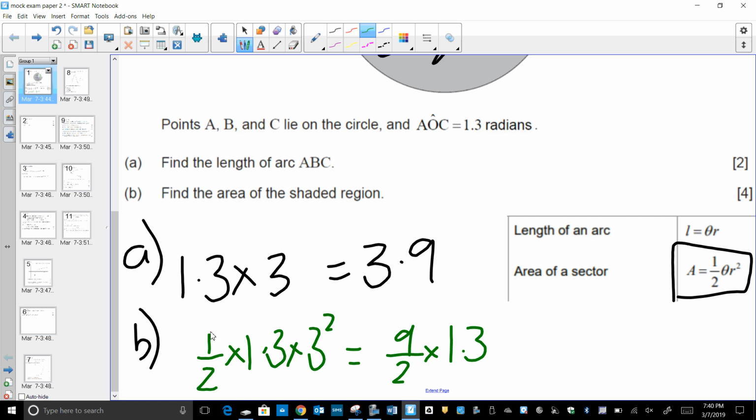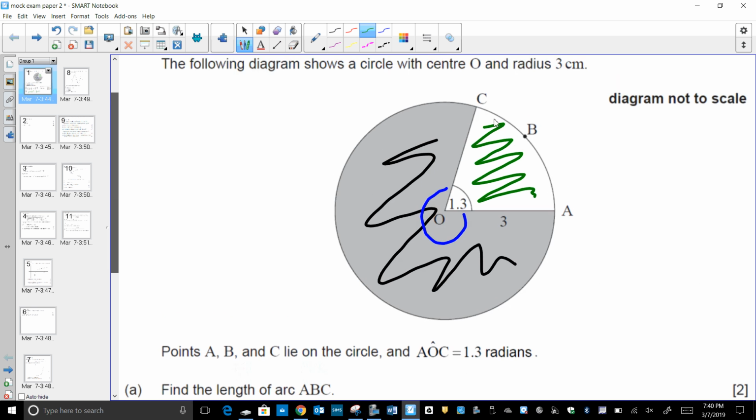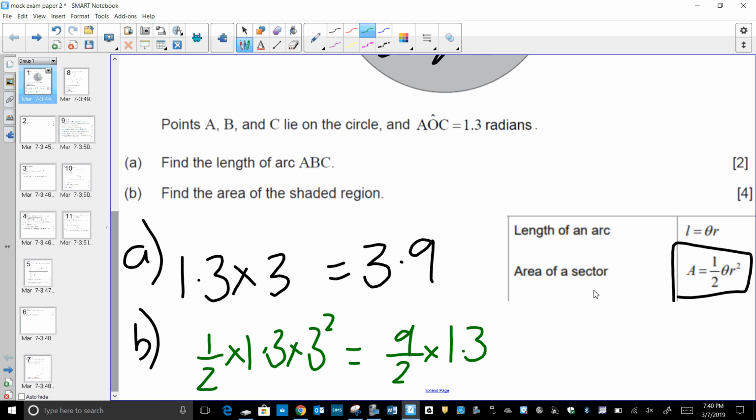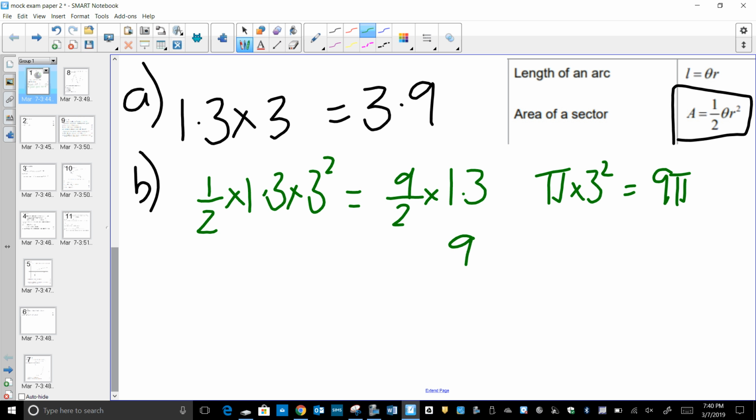And then we would have to subtract that from the area of the whole circle. We know the area of the circle is pi r squared. So that's pi multiplied by 3 squared. So it's 9 pi. And so our answer would be 9 pi subtract 4.5 multiplied by 1.3, whatever that is.